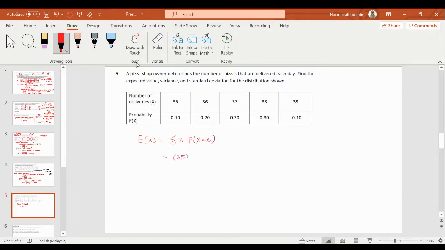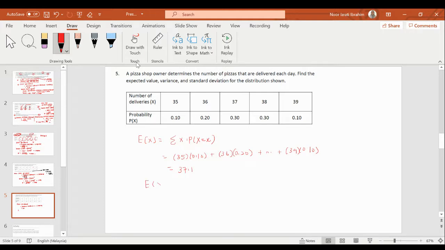So 35 multiplied with 0.10 plus 36 multiplied with 0.20, until the last one, 39 multiplied with 0.10. You should get 37.1.